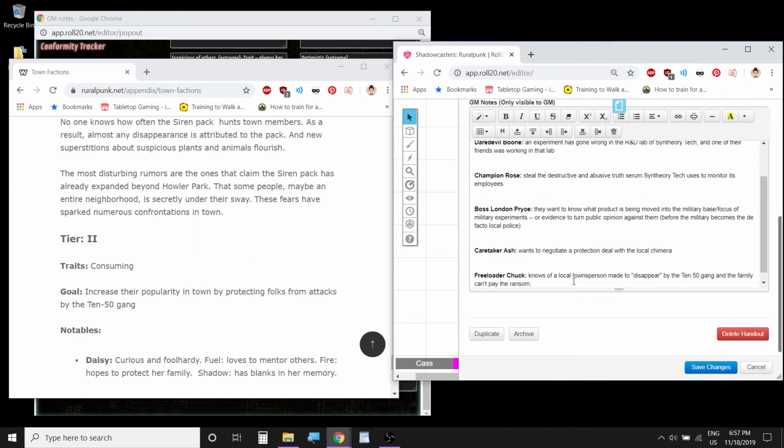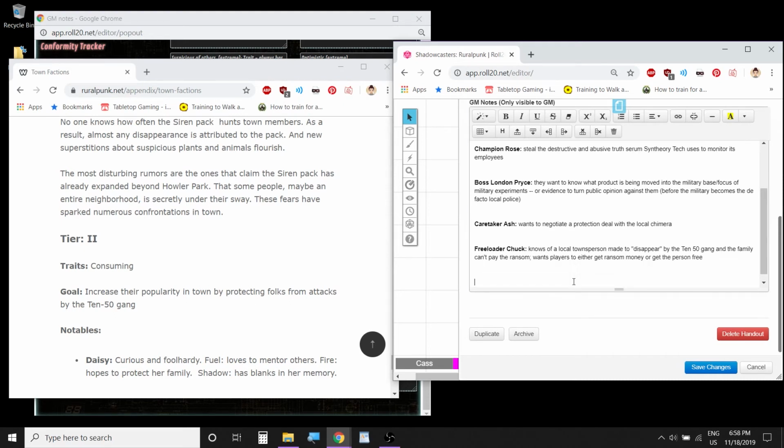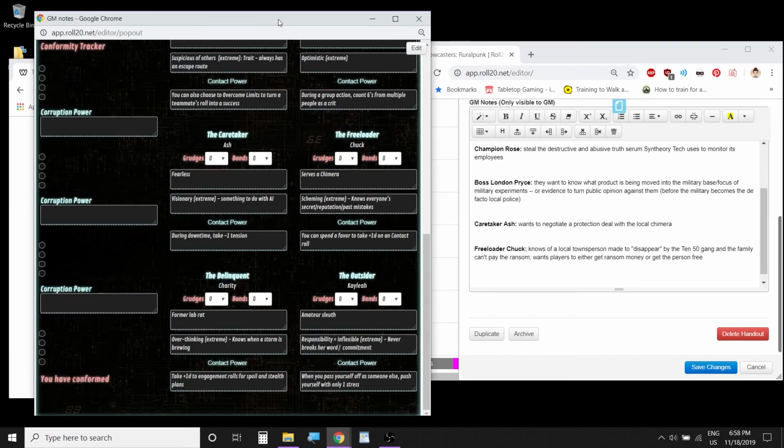So they want, either, wants players to either get ransom money or get the person free. Alright.